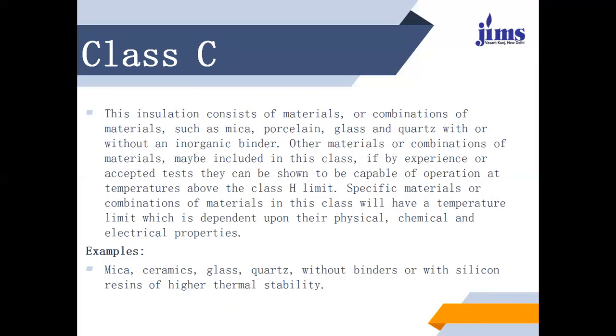Specific materials or combinations of materials in this class will have a temperature limit dependent upon their physical, chemical, and electrical properties. Examples are mica, ceramic, and glass without binders or with silicone resins of higher thermal stability.